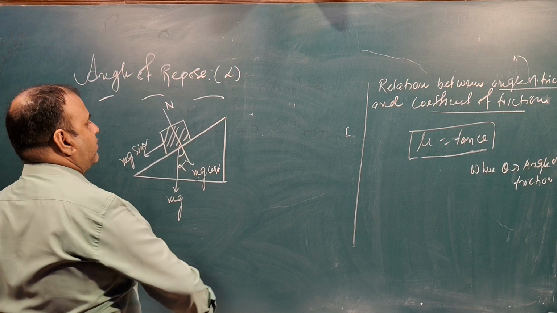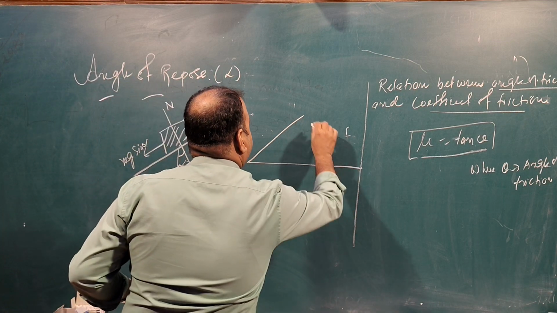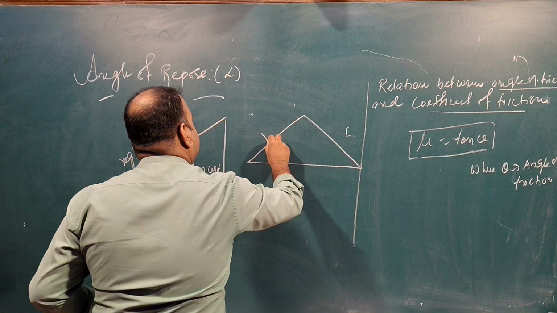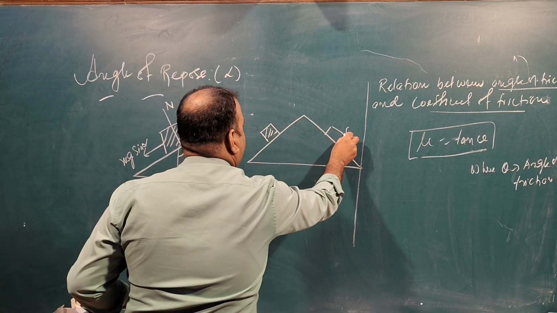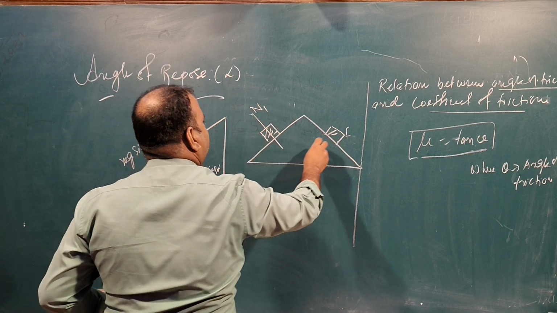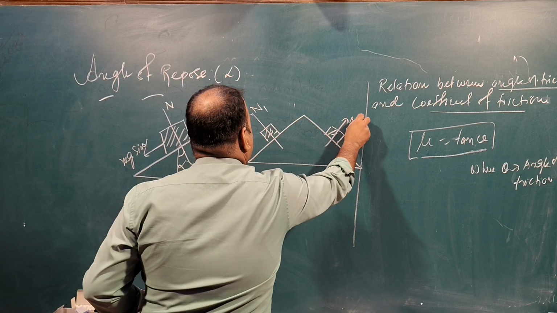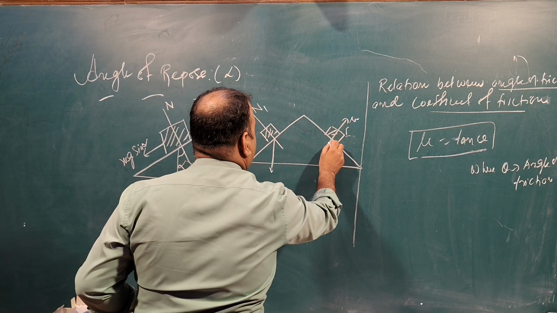So these diagrams, sometimes we can also write like this. The object is here. And it may be like this. The object will be here. So here if we consider N1, if we consider N2, it may be like this.